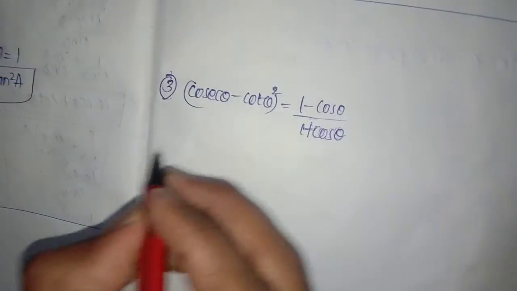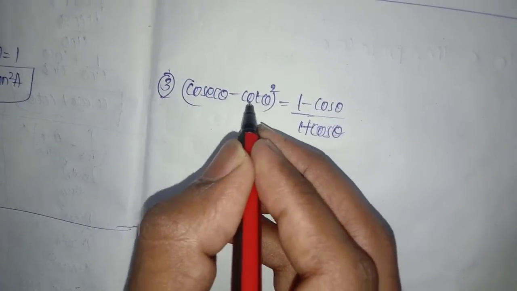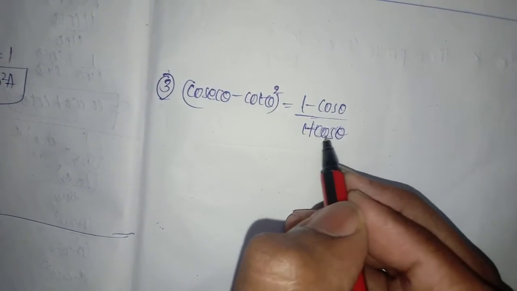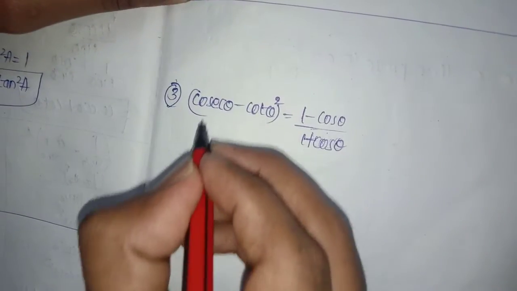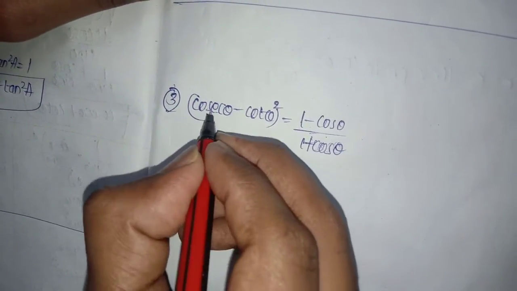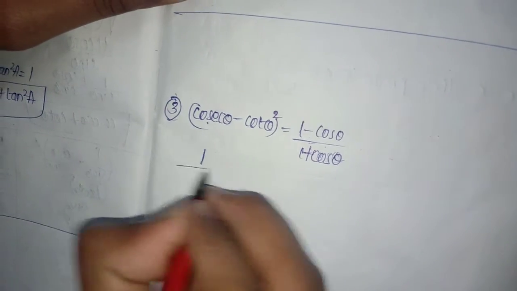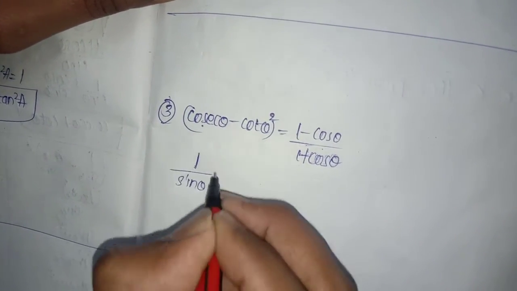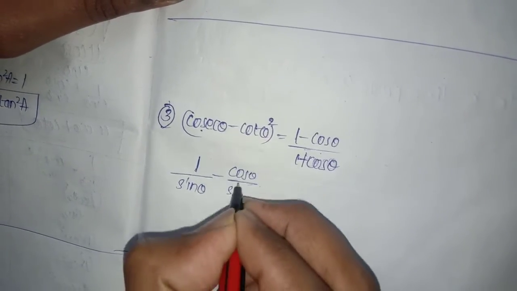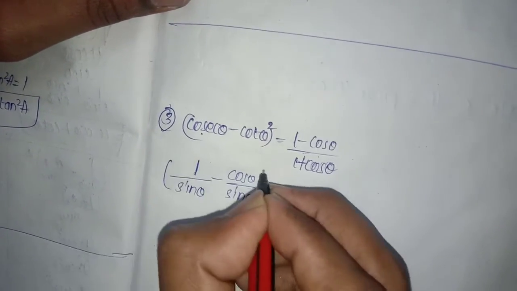Next, third problem. (Cosecant theta minus cot theta) whole square equal to (1 minus cos theta) by (1 plus cos theta). They asked us to prove it. Okay, first we have to take these ratios. Cosecant theta means 1 by sin theta, and cot theta means cos theta by sin theta, whole square.